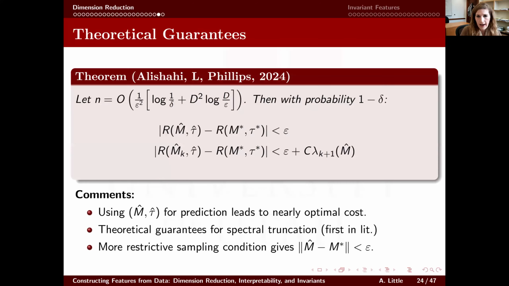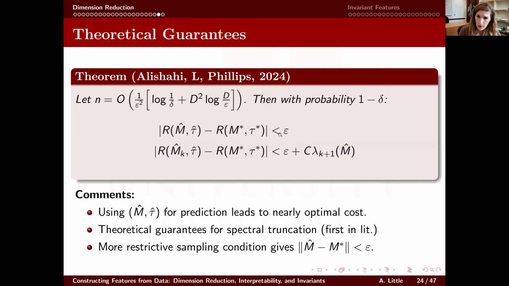Then in a recent paper, we analyzed the sample complexity required for this, and essentially you can show that if you have a sample size scaling like the dimension squared over epsilon squared, then if you use these parameters estimated by minimizing that loss function for your prediction, you get a nearly optimal cost up to order epsilon.